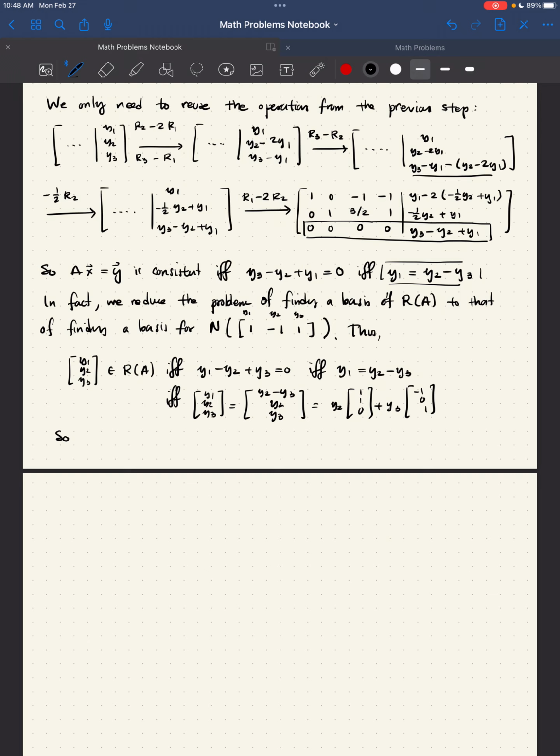So, the set {(1, 1, 0), (negative 1, 0, 1)} is a minimal spanning set of the range of A. Namely, it is a basis.